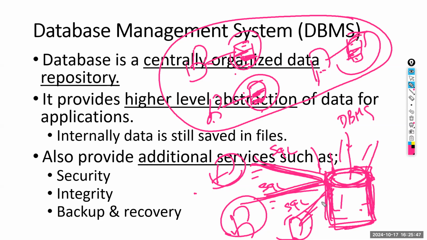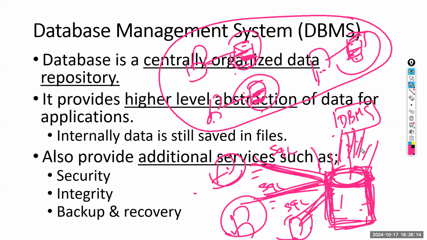A common query language called SQL, a standard query language. Central security. And also these database management systems provide additional features like security, backup and recovery, transaction handling, maintaining integrity, and performance optimization.